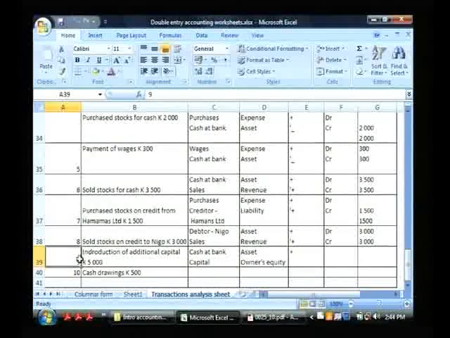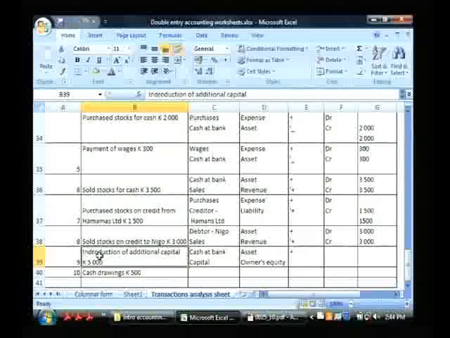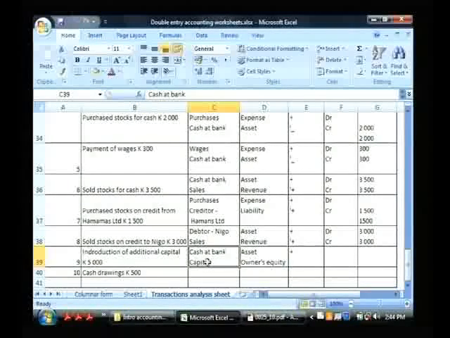Next, 9th January, introduction of capital. You are familiar with this. Cash at bank and capital account. Cash at bank is an asset.